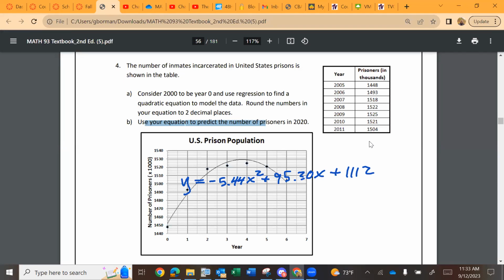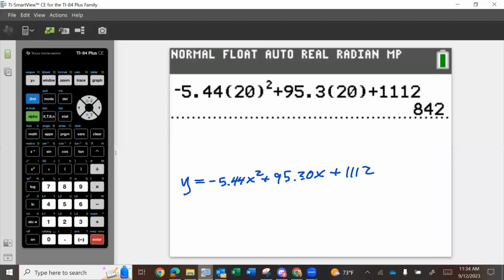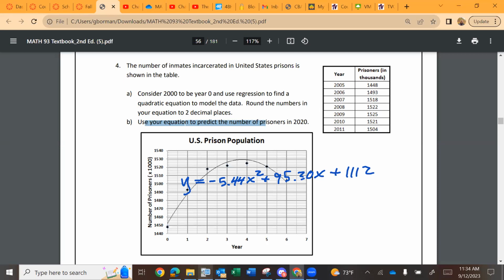Well, based on what we're given, yeah, it does, because like we saw a moment ago, by the time we get to year 20, we've been going downhill for a while. So it should be quite a bit smaller than these numbers here, and it is. Okay. And let's see, I already forgot the number, 842. So 842. So what does that mean? That means 842,000 prisoners in the year 2020.